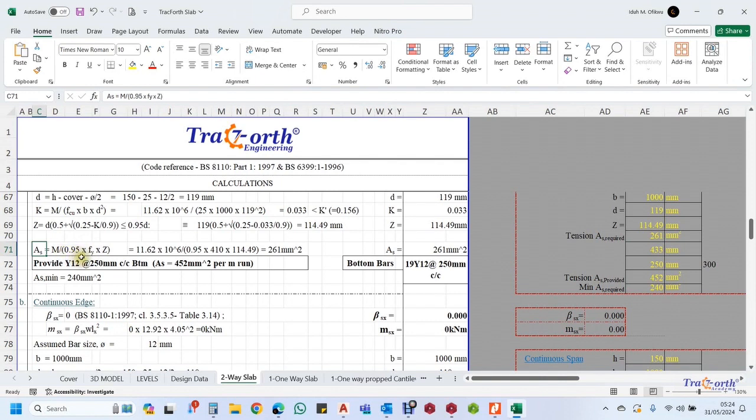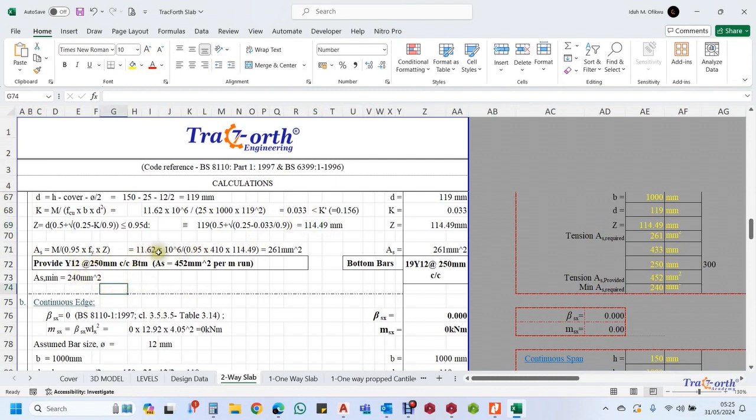So we have it as 0.95 multiplied by the tensile strength of the reinforcement multiplied by the lever arm, which is our 114.49, which you can even say 115.